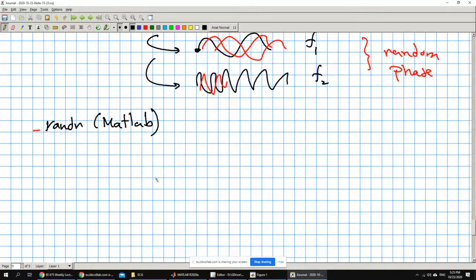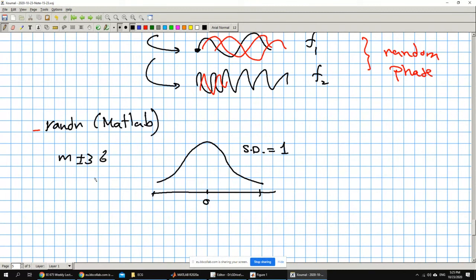It considers a Gaussian distribution, a normal distribution. The normal distribution has a 0 mean and a standard deviation of 1. So can you tell me the approximate range of the values here? Imagine that for realistic considerations, we say that if you are within the mean plus or minus 3 sigma, you consider that almost 99% of the range of the Gaussian distribution.